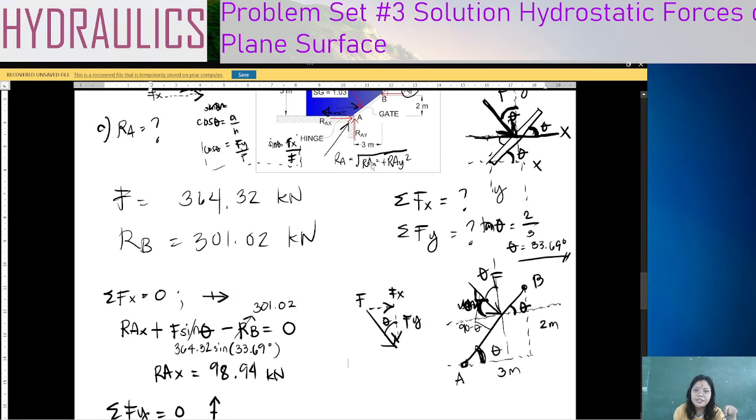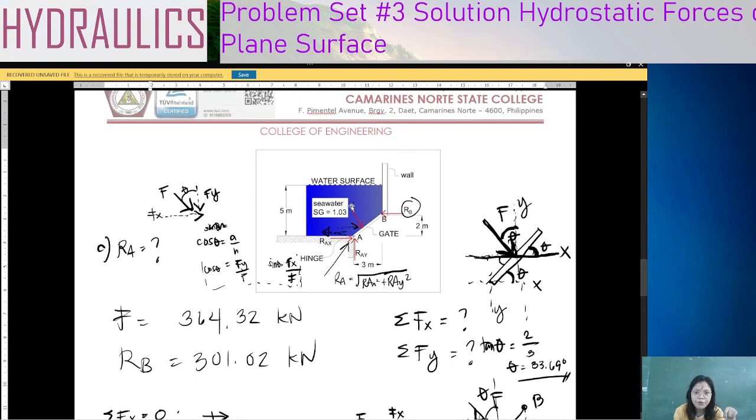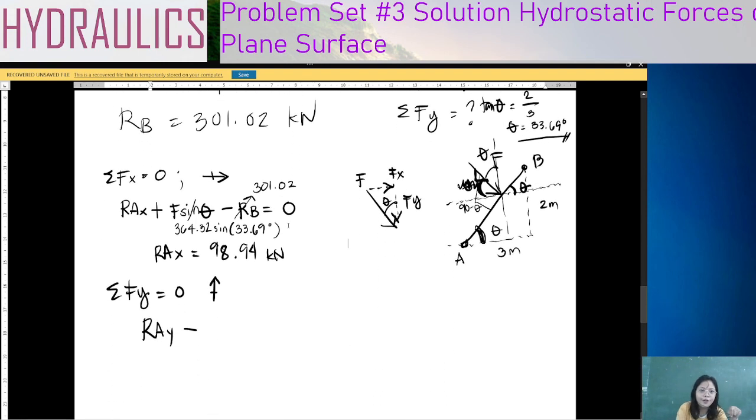So, ibig sabihin, RAY positive force minus. Bakit minus? Kasi pababa yung force ni F, no? So, taking positive as papunta doon. Tapos si F naman pababa. So, negative. F, ano yung F natin kanina? Fy is equal to F cosine theta. So, F cosine theta is equal to 0.